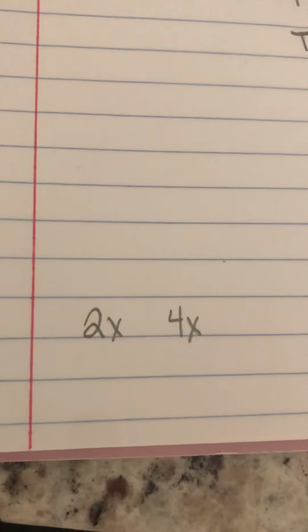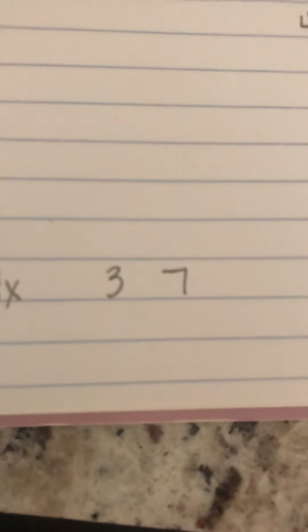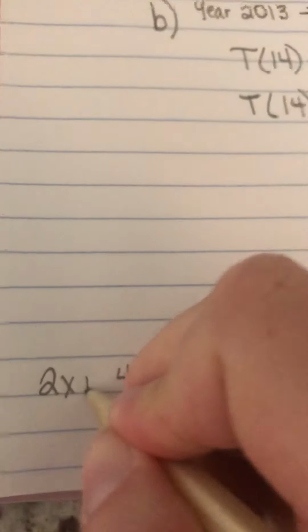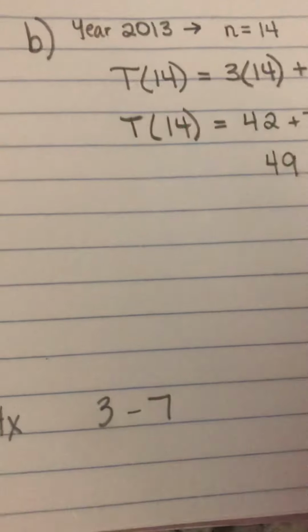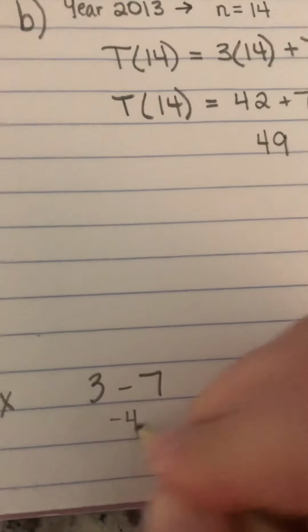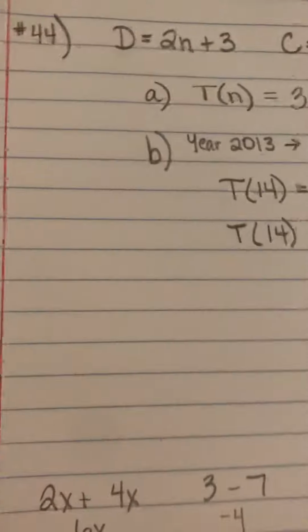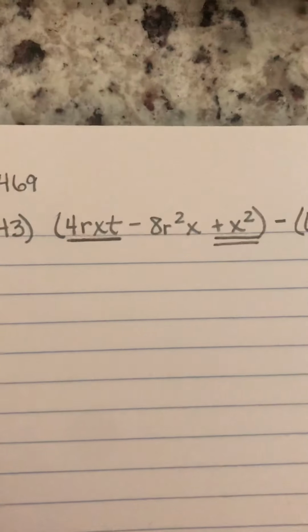So these were like terms because they had the same variable x, whereas these were like terms because they were both constants, so they could be combined together just as these could be combined together. If it was addition, it'd be 6x. If this was subtraction, that'd be -4. But in this chapter they started showing you the terms got a little bit more involved.